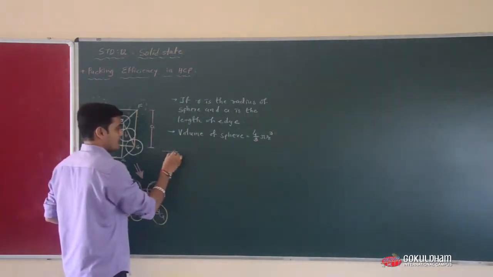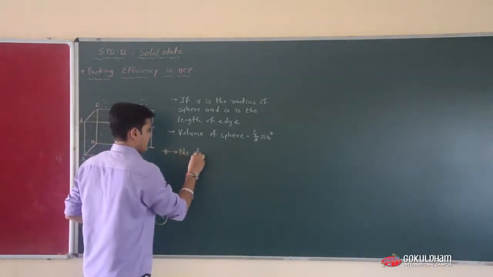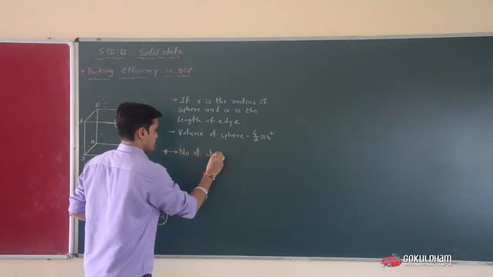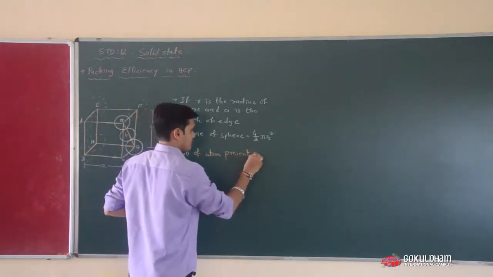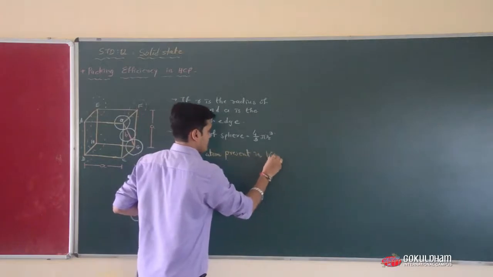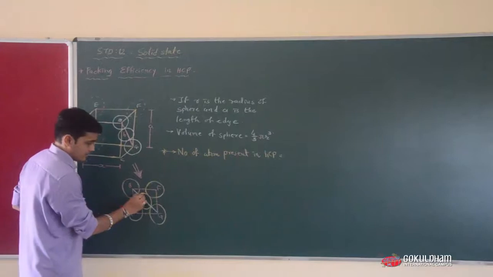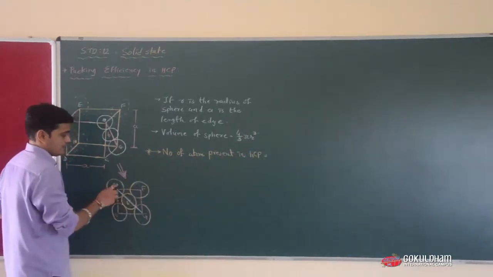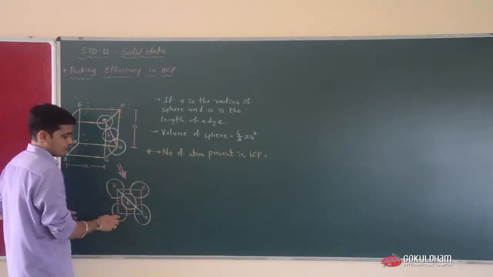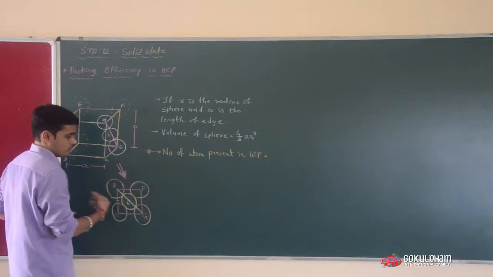Now our highlighted point, number of atoms present in HCP. You can see that this is our center atom and these four spheres are directly in contact with the center sphere.